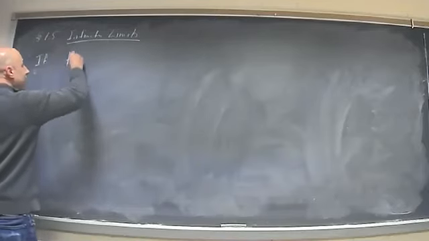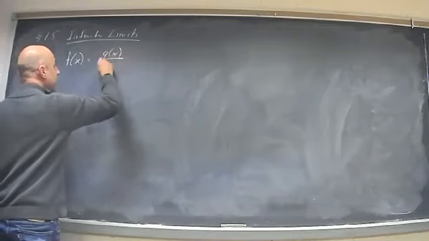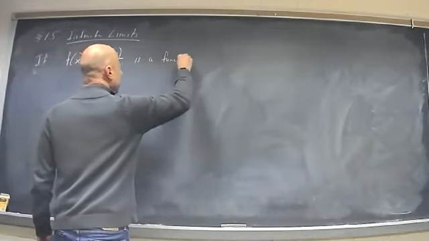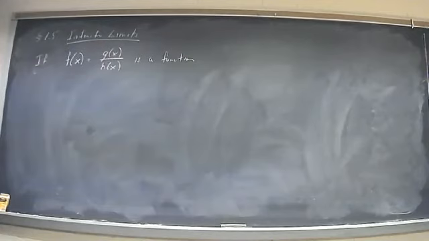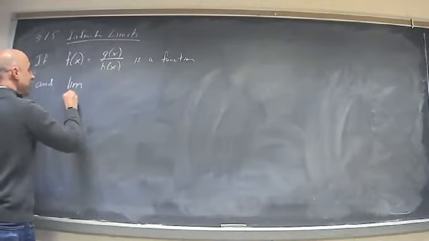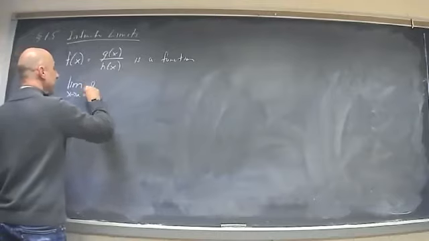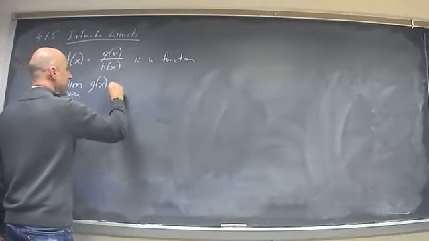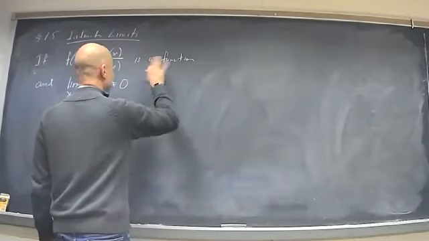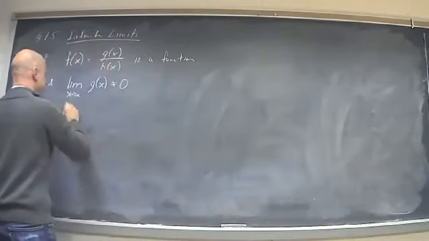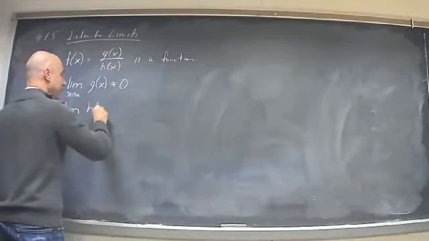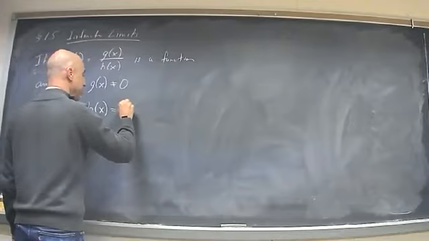Let's say f of x equals g of x divided by h of x is a function, and the limit as x goes to a of g of x does not equal 0, and the limit as x goes to a of h of x does equal 0.